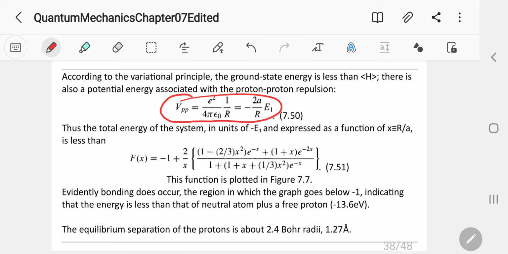And by the way, according to the variational principle, the ground state energy is less than the expectation value of H.